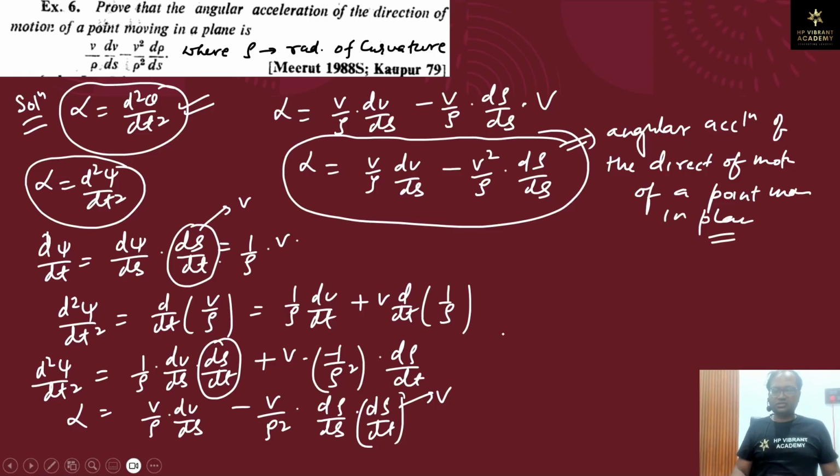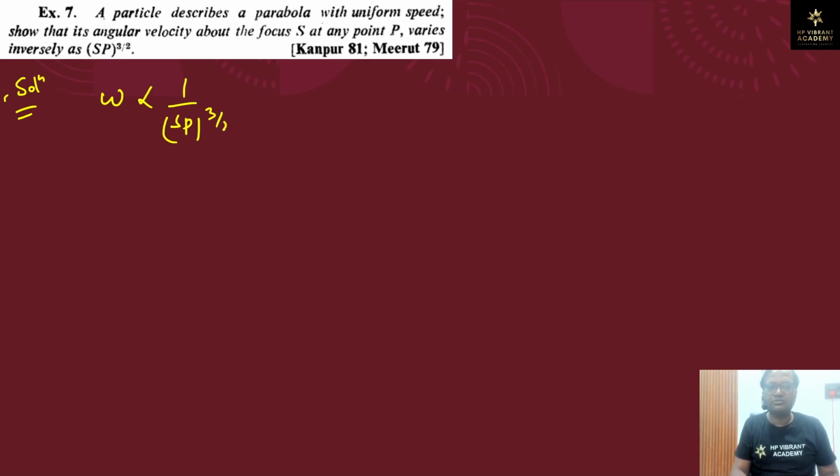Okay, let us discuss question number 7. How can we solve question number 7? A particle describes a parabola with uniform speed so that its angular velocity about the focus varies inversely as SP to the power 3 upon 2. This question is a case of a pedal equation, which we will study in the chapter of central orbits.